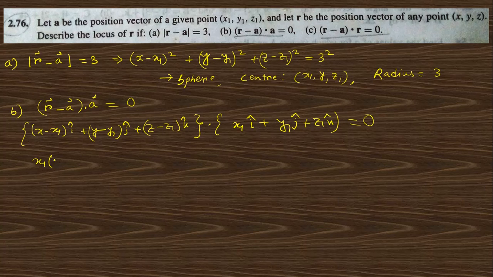So you get x1(x minus x1) plus y1(y minus y1) plus z1(z minus z1) equal to 0.